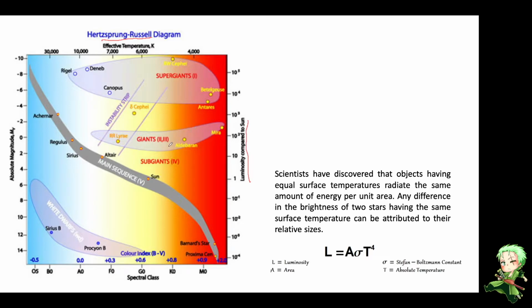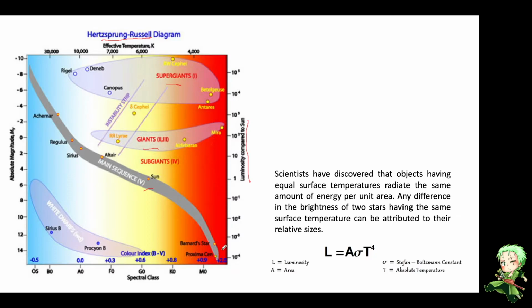As you can see here, you have white dwarfs, the main sequence, the supergiants, the giants. This tells us some important data. If we are given this graph and the stars are plotted there, we could infer or conclude some characteristics of the stars.